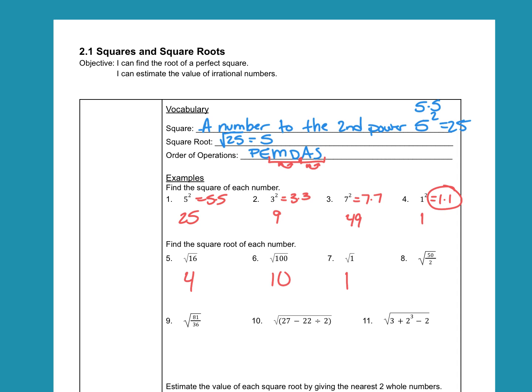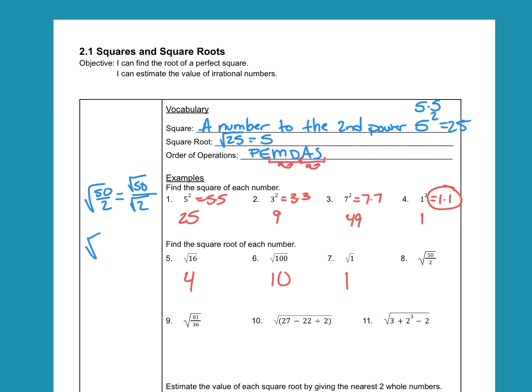And then we get into these fractions. The square root with a fraction. So there's 2 different ways we could potentially solve these. First, we're going to make a note off to the side over here that if we're looking at that example, square root of 50 over 2, that is the same thing as square root of 50 over square root of 2. We don't have a problem like this, but this works the same way.